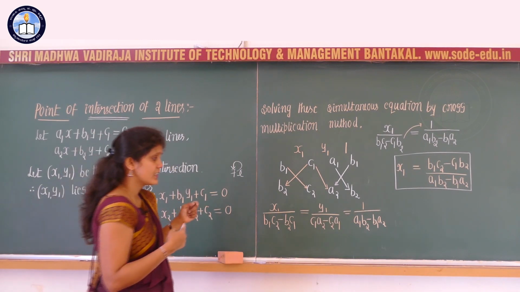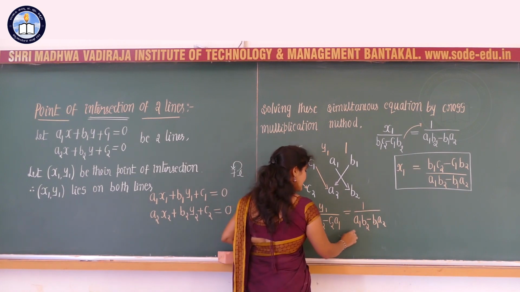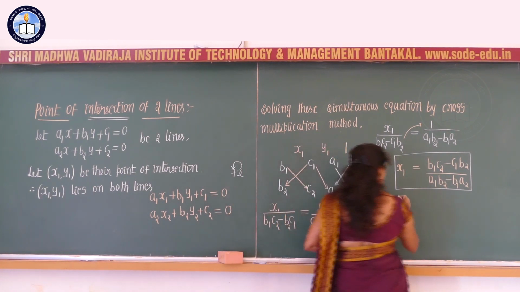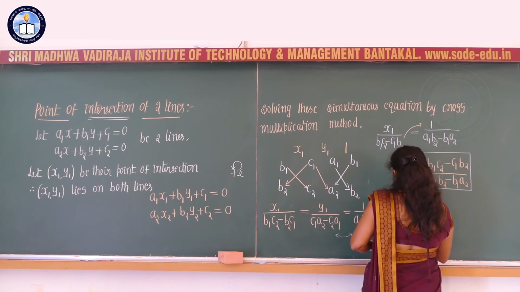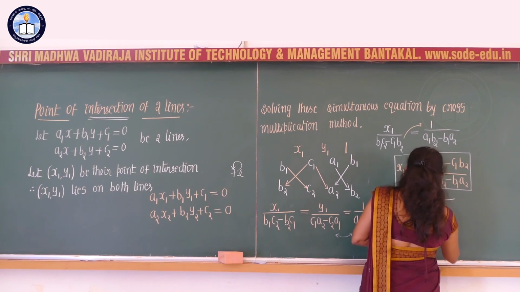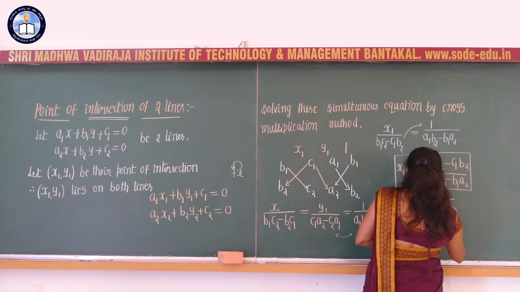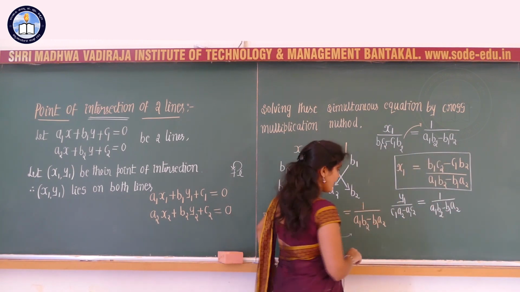Let us consider the y coordinate. y1 is given by, now we are equating these two, that is y1 divided by c1 a2 minus a1 c2 is equal to 1 divided by a1 b2 minus b1 a2. That gives the expression for y1.